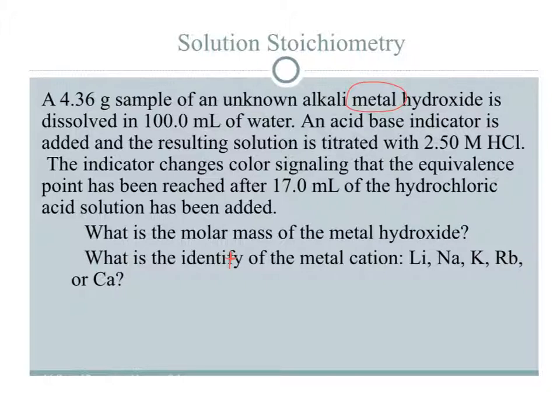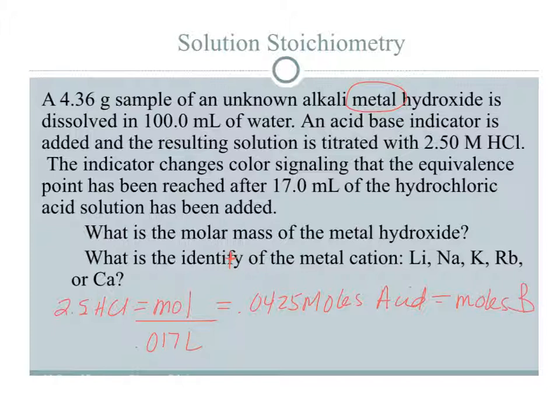That's easy enough to figure out because I have 2.5 molar HCl, and we know that's 0.017 liters. So that's going to give me 0.0425 moles. And moles of acid equal moles of base because we are at the equivalence point.